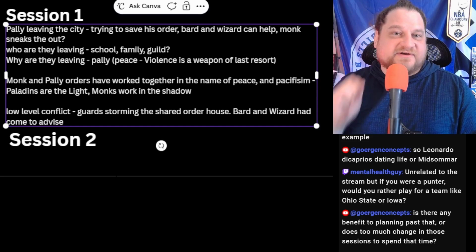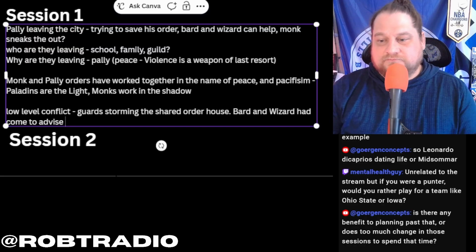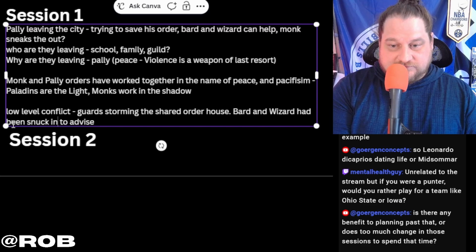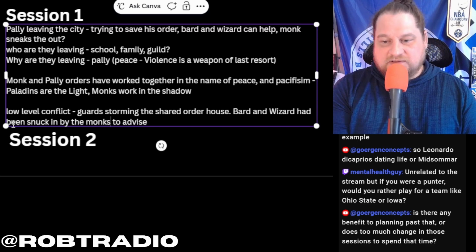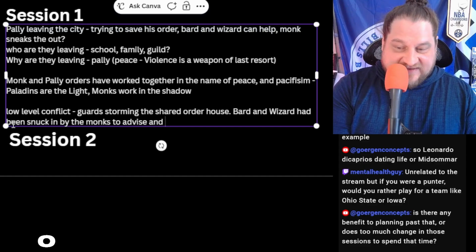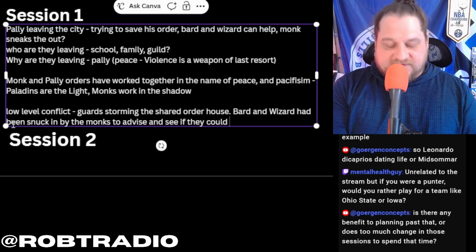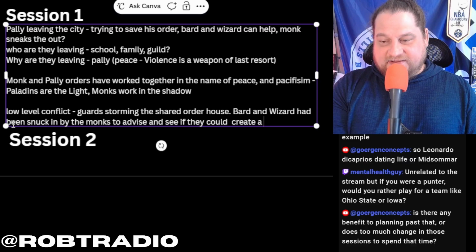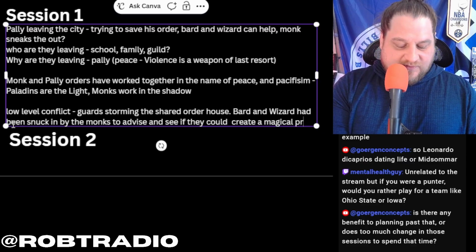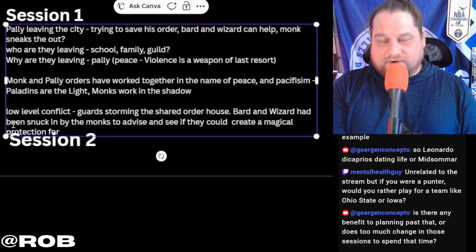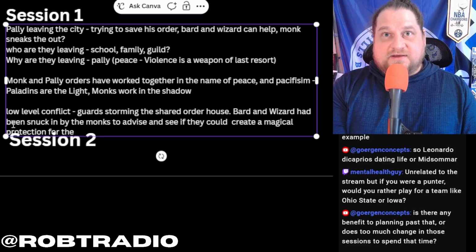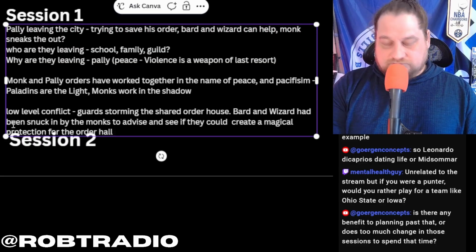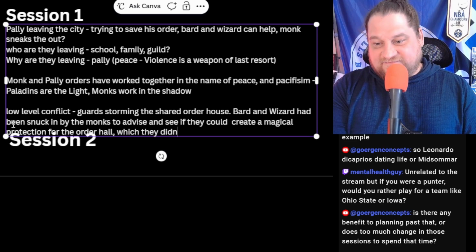Maybe the bard and the wizard have been snuck in to advise and see if they could create a magical protection for the order hall, which they didn't finish.